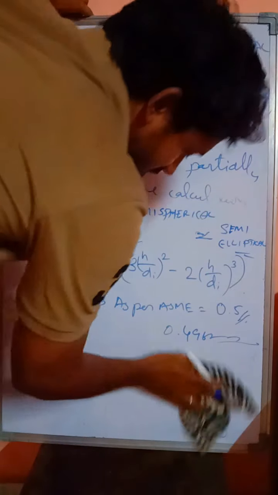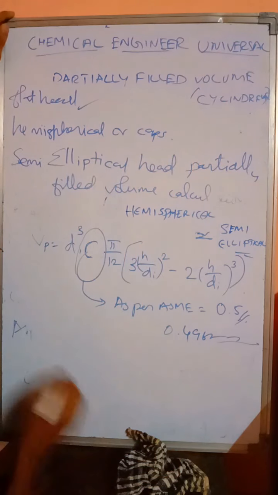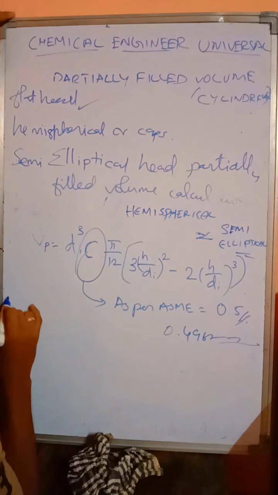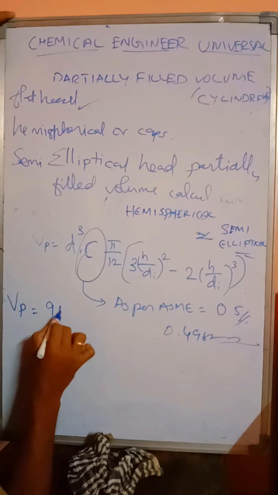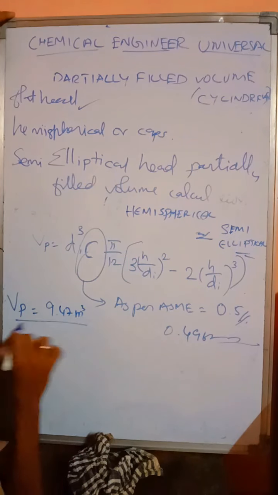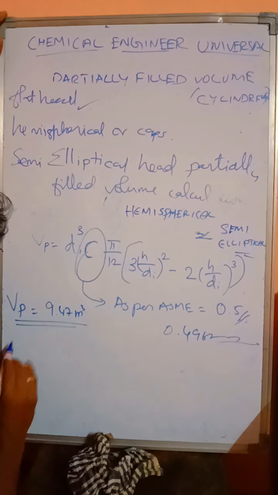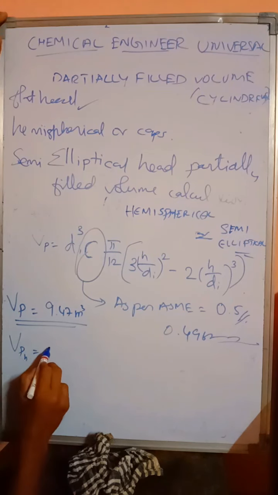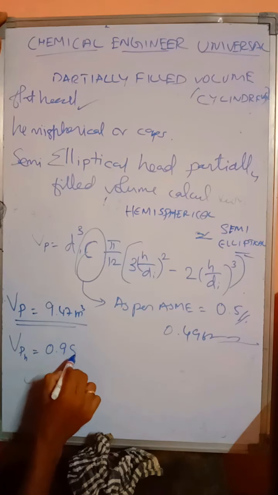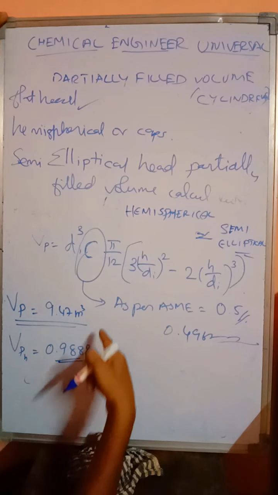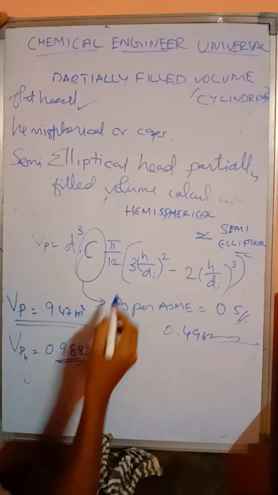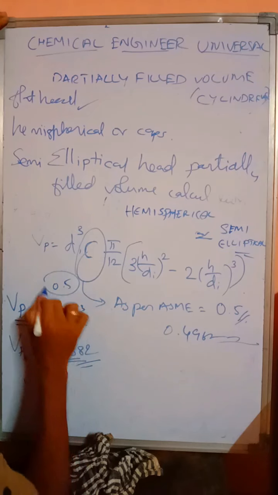So as per the past data, we have the flat head value, the partially filled volume for the flat head, for the cylindrical part only, it is 9.47. And in the first problem itself, we are taking the same value. And the next thing is the partially filled volume of hemispherical heads, that is 0.9882. This is the value that we have taken from the past data. But the constant here is 0.5. Previously it was 1.